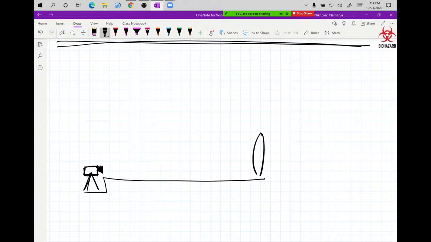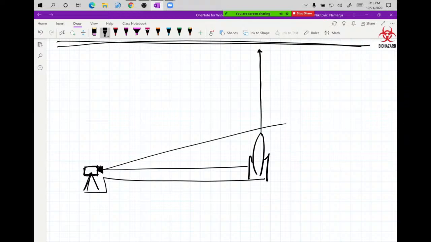We're going to have the rocket shoot straight up, and this camera is recording at an angle like this. Now remember, the camera is not recording on a straight line.